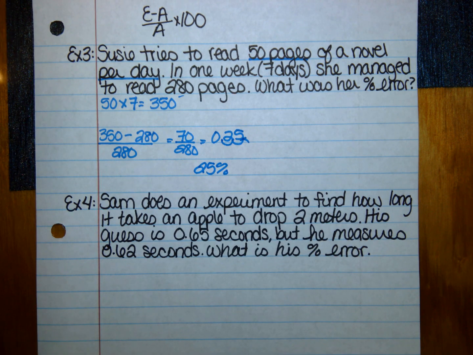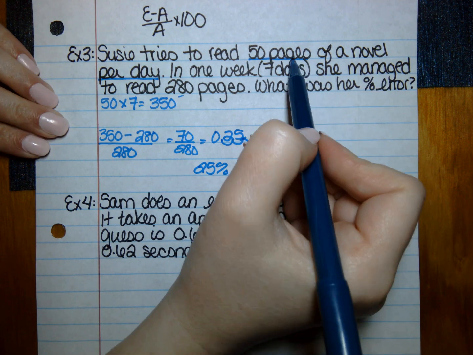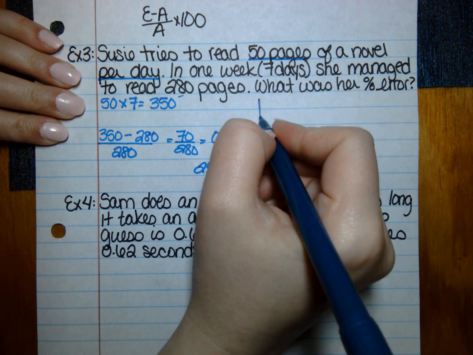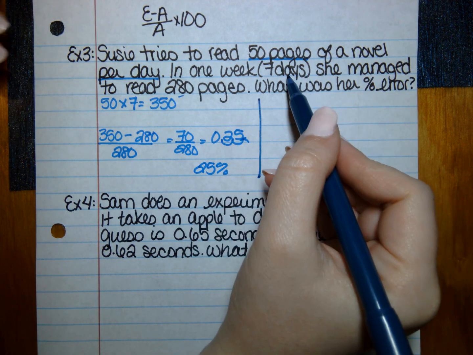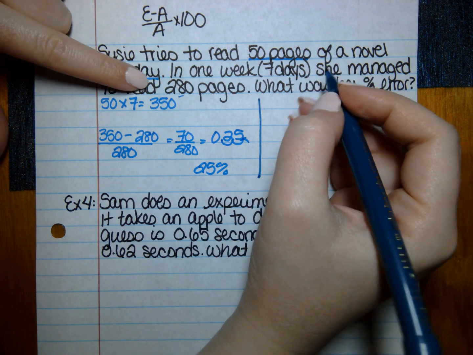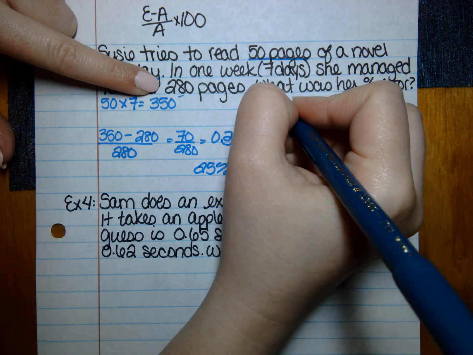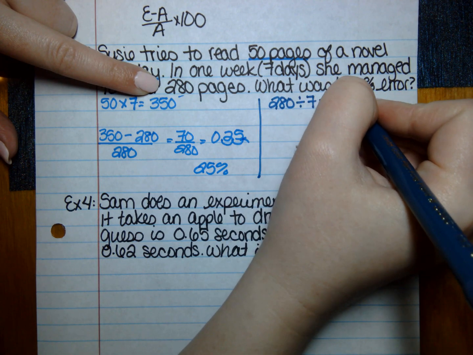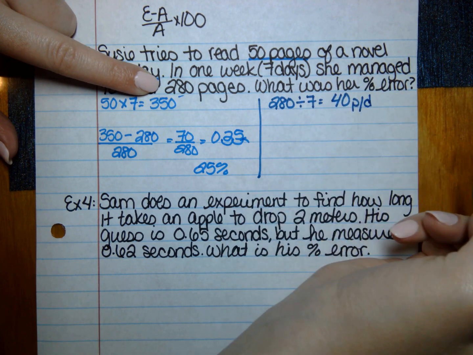Again, you can solve this a second way. The first way, we figured out how many total pages she wanted to read for the week. For the second way, we're going to figure out how many pages she averaged in 1 day. So if I had 280 and I divide that by 7 days, I'm going to get 40 pages per day.